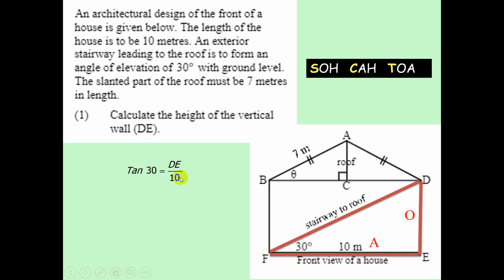As you can see, I have this. To find DE, we need to cross multiply. DE is equal to 10 times tan 30. Typing that into your calculator, 10 times tan 30, we end up with DE to be 5.78.